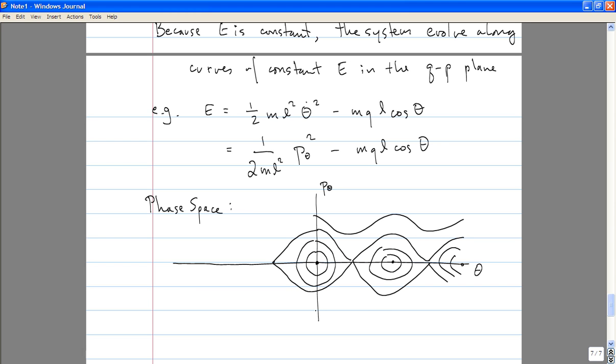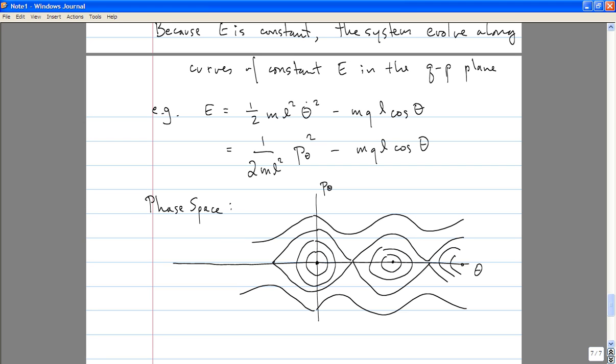So, of course, the plane is infinite, so I won't draw the whole thing, because that could take all day. So this is what the lines of constant energy look like in the theta p theta plane.